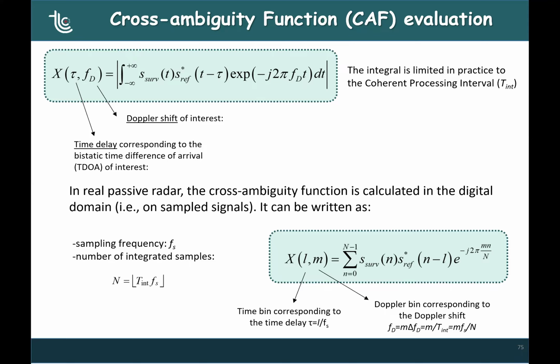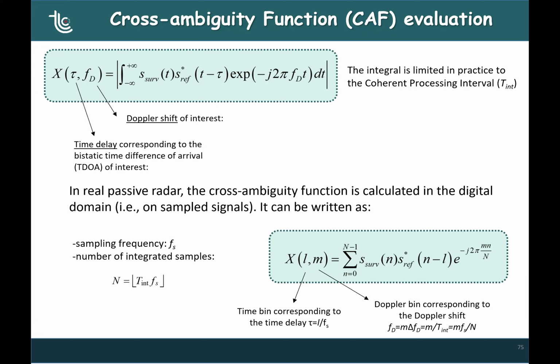So actually, this ambiguity function becomes the modulus of the sum of the product between the surveillance signal and the sampled, delayed, and frequency-shifted reference signal.